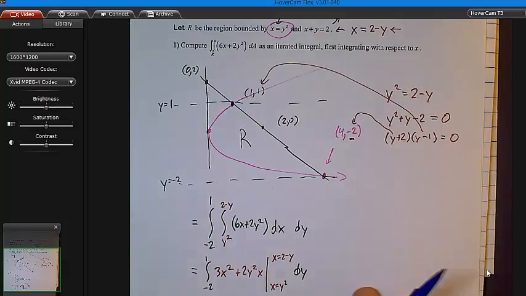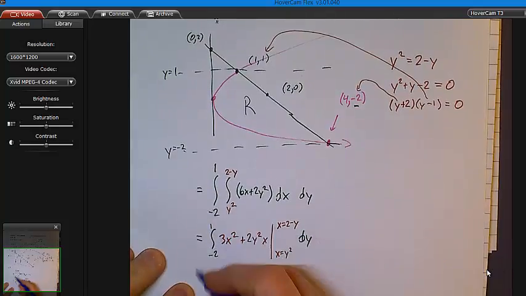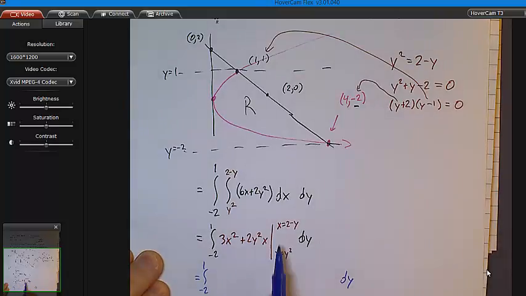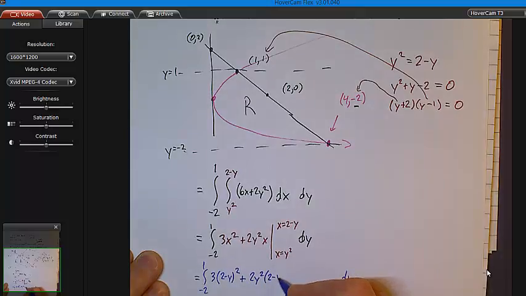All right, so let's see. So let's plug in and see what this looks like. We still have negative 2 to 1. We still have the dy, but I realize I'm going to need some room. So here I go. I have 3 times the quantity 2 minus y squared plus 2y squared times 2 minus y, right?